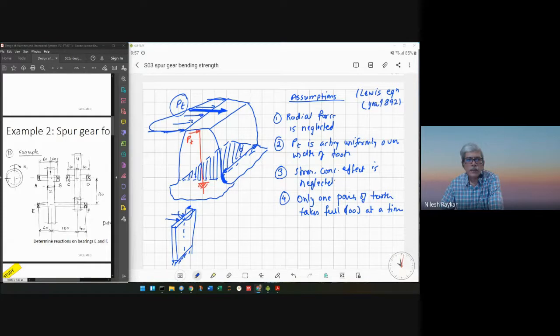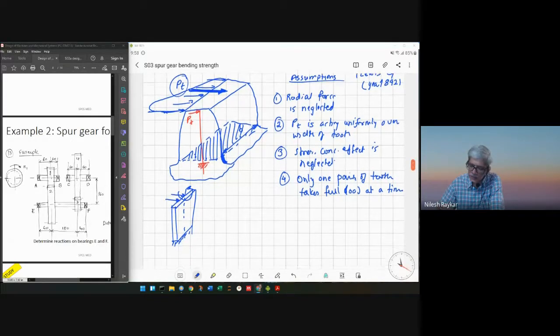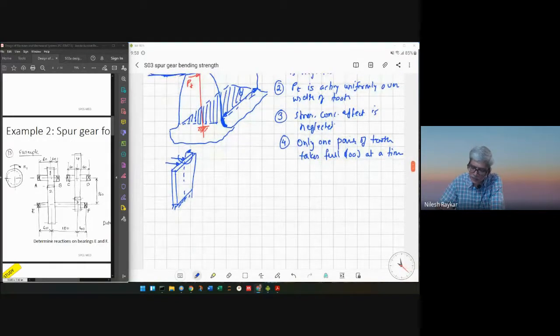However, in this calculation, we are considering that the entire force acts on a single tooth. That is a conservative assumption. If it can withstand that, then obviously if there are more pairs in contact, that is okay. So with these four assumptions, Lewis started his calculations.